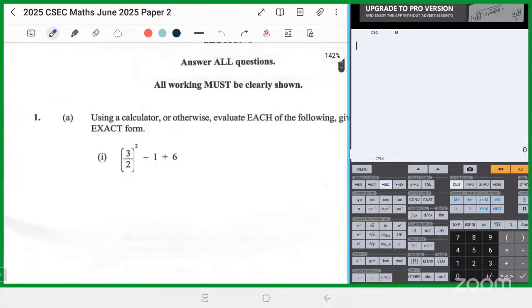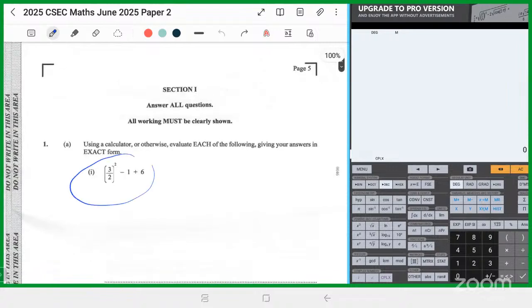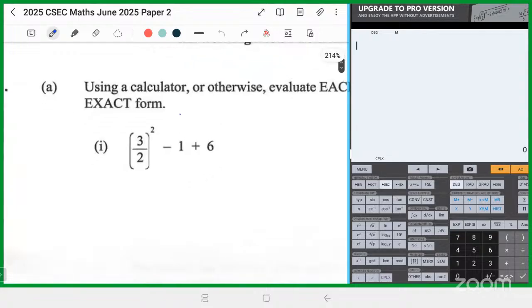First part, as usual, is to use a calculator or otherwise evaluate the exact value of each of these, in exact form. Since it says using a calculator, we can use one. So this is 3 over 2, squared.